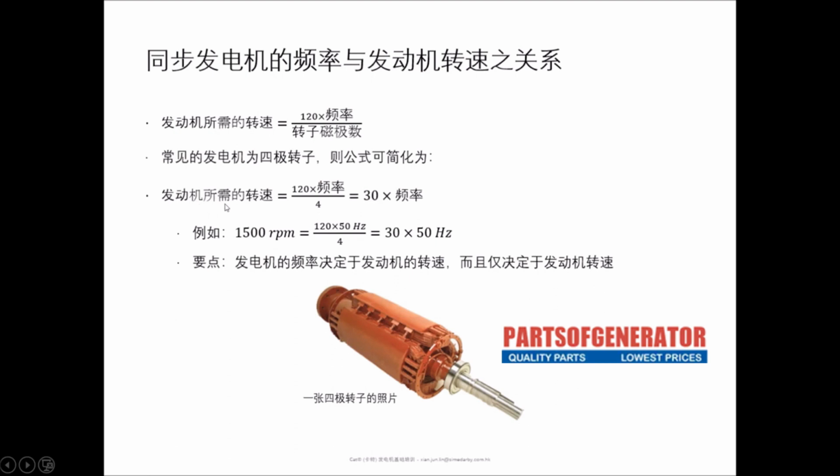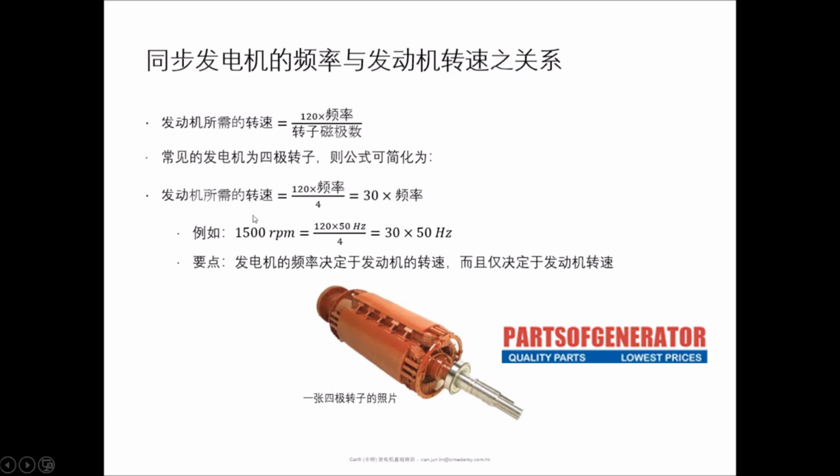In our actual application, the most common generators have 4-pole rotors. So we can simplify this formula and bring the number of magnetic poles of the generator rotor, 4, into this formula. And you will get such a formula.